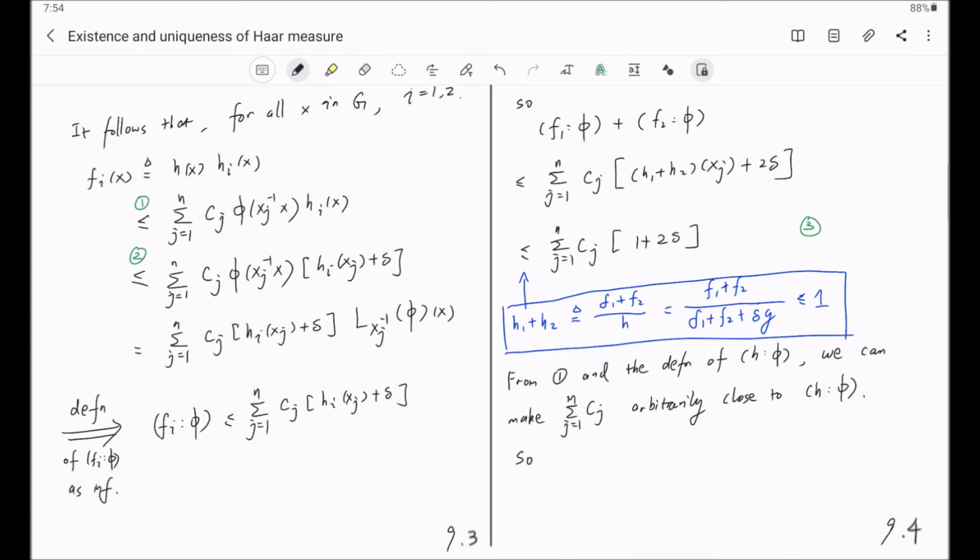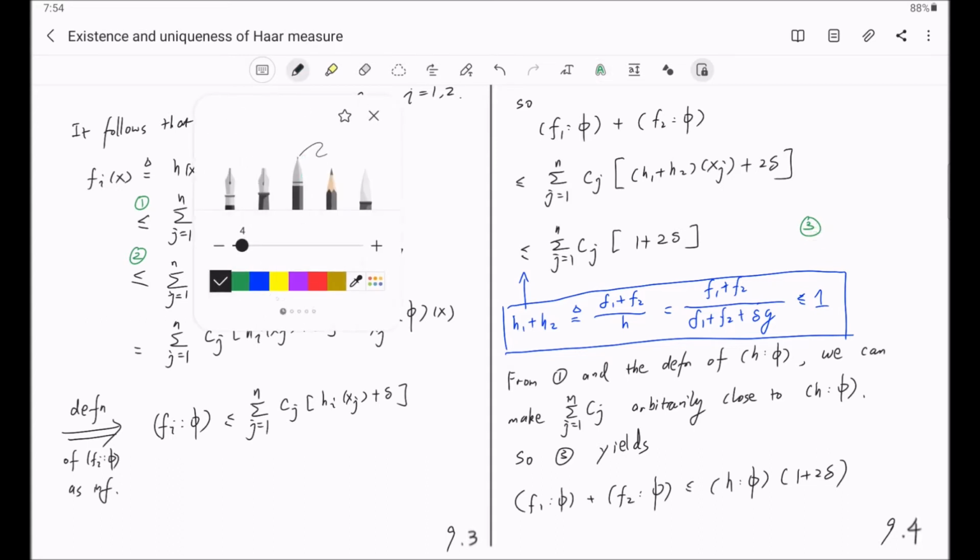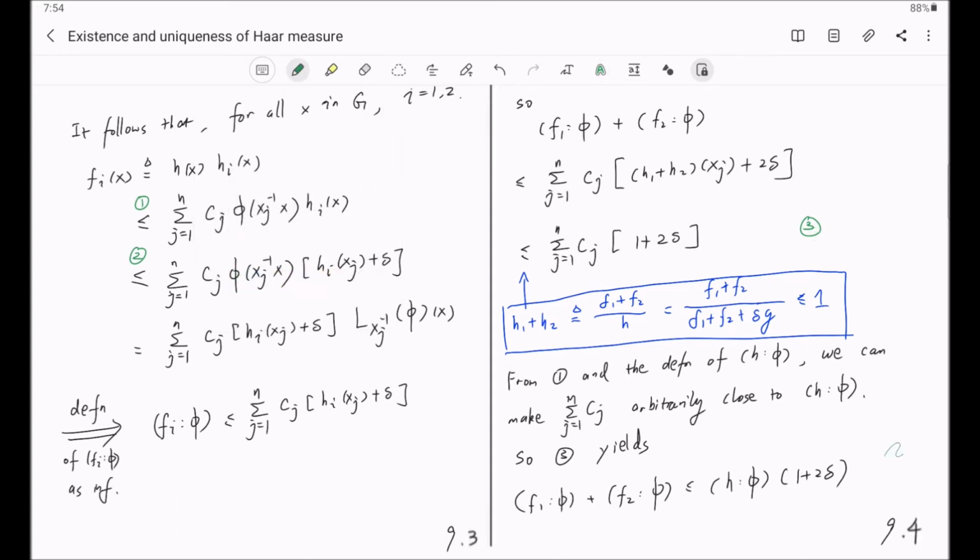So the result number 3 is the following inequality, that f1 column phi plus f2 column phi is less than or equal to h column phi times 1 plus 2 delta. This is something we got from 3. This is quite important. We'll give it label number 4.